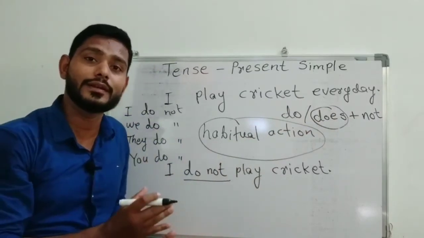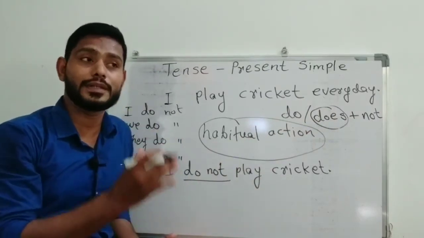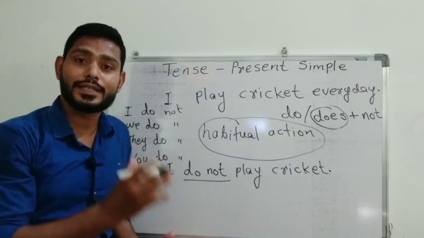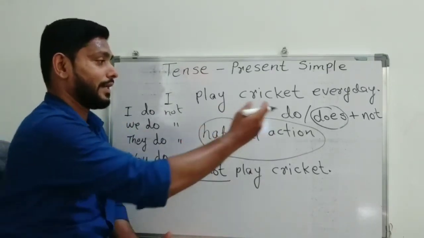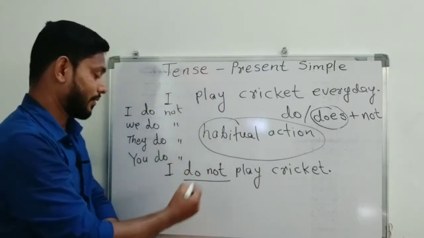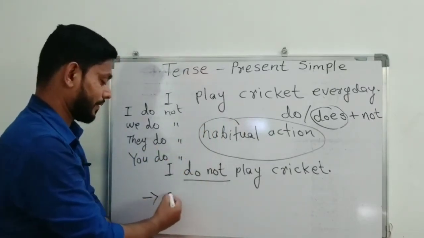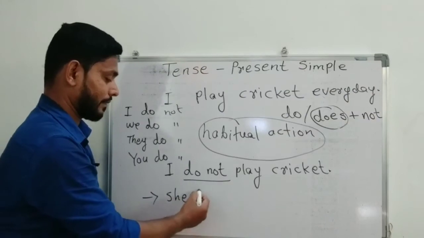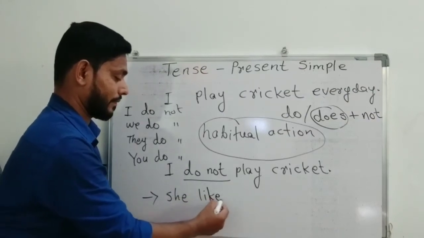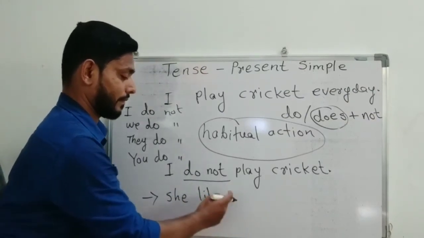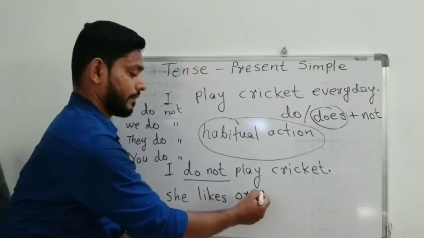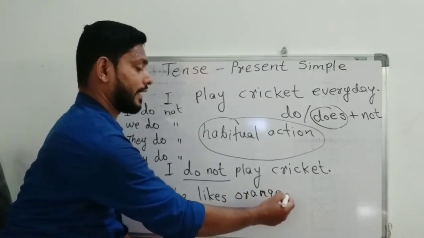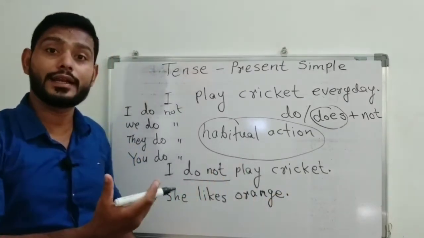It's very clear. If the subject is singular third person, then we can use does as singular. For example, we can see here the sentence is a general fact or general time.